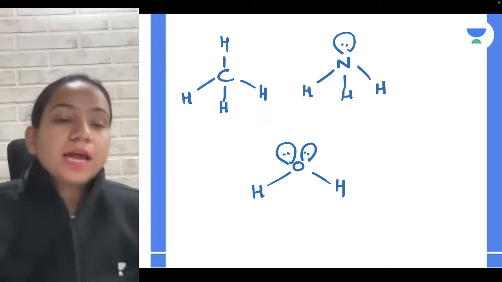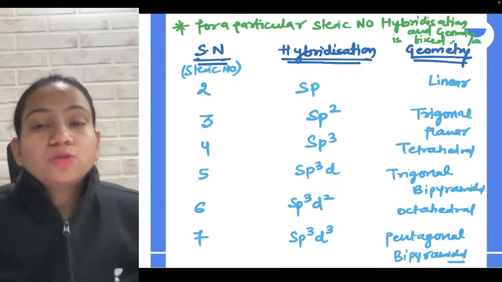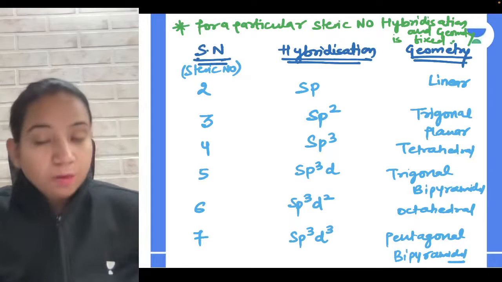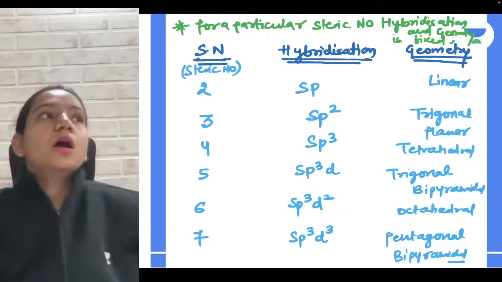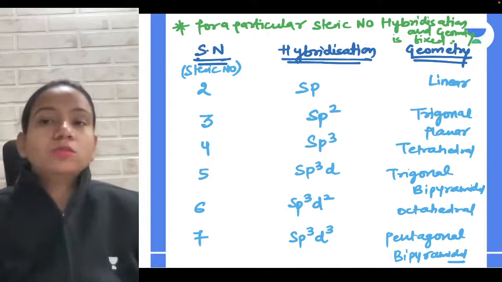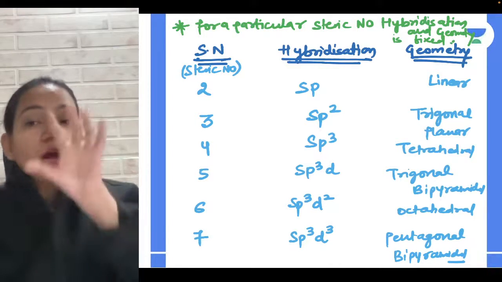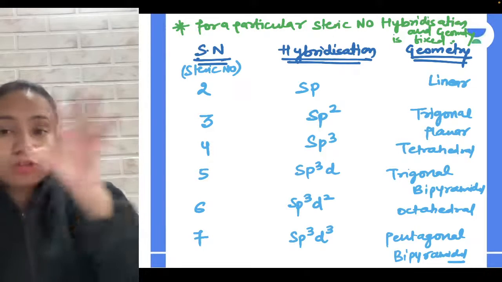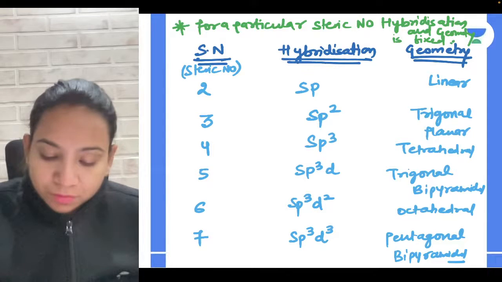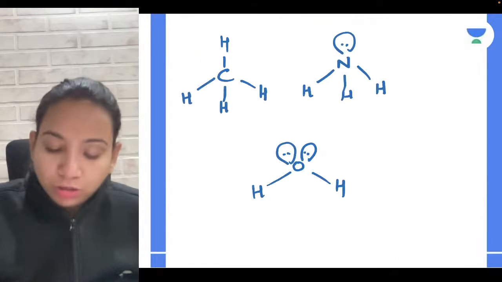Remember that I have written geometry, guys, I have not written shape. Shape can vary, but geometry is fixed. Geometry is the arrangement of bonds and lone pairs in space, the particular kind of structure it acquires.